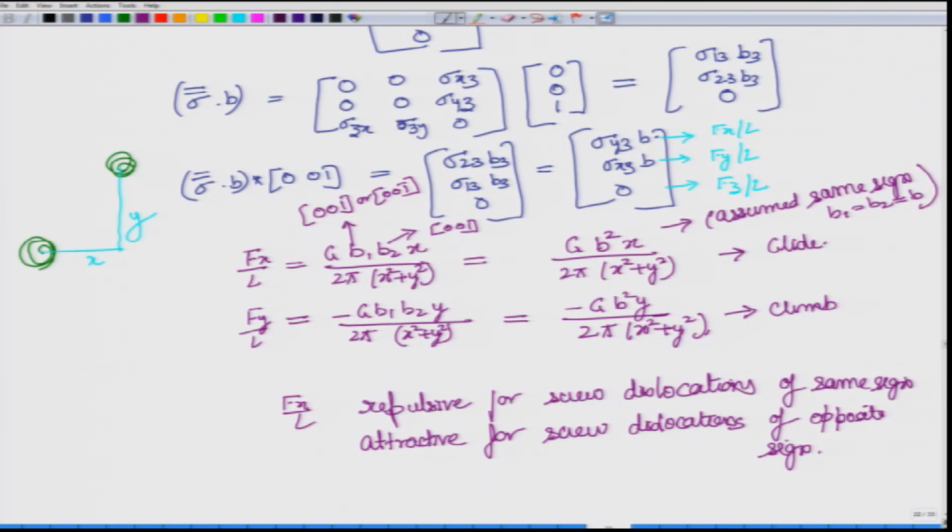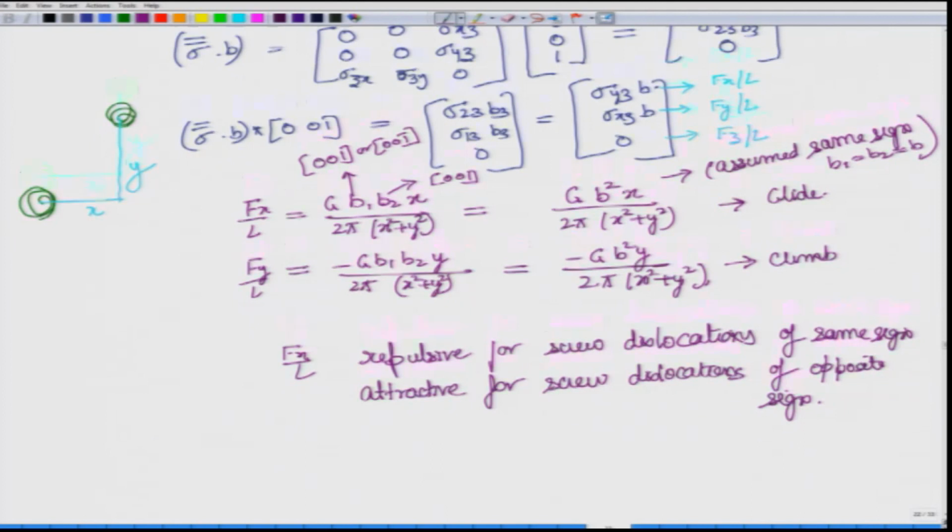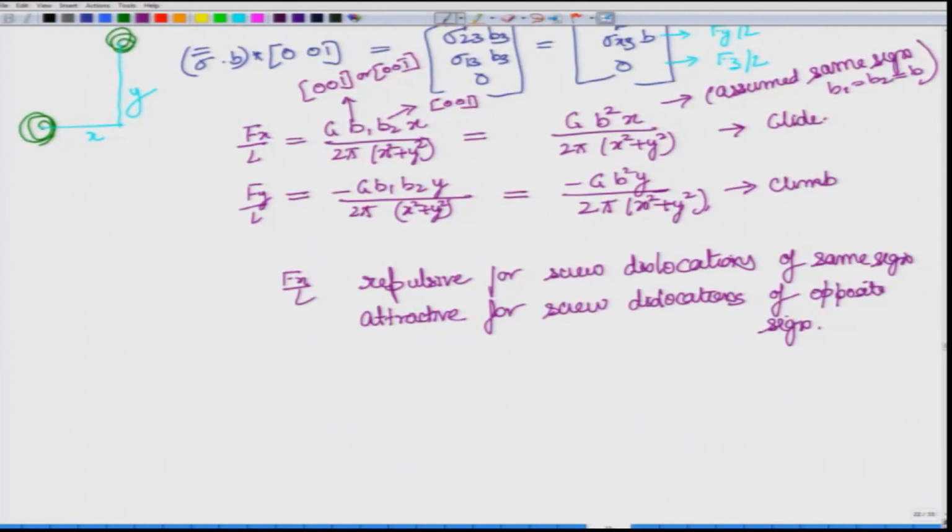One combination that you can try and solve using this is what will be the effect when you have stress field being generated because of a screw dislocation and its effect on edge dislocation. So, this is one example that we did not solve, and I leave it to you to solve it.